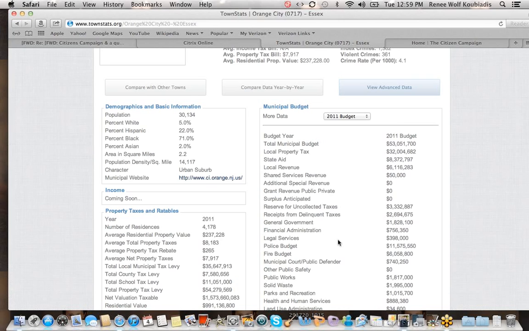Obviously, we make occasional judgment calls as to whether expenses are really going into public works versus solid waste, but the totals should be accurate, and we follow the same format in deciding where the judgment calls are made. So the data should be fairly accurate and reliable. We should have the 2012 Orange budget data up within the month.